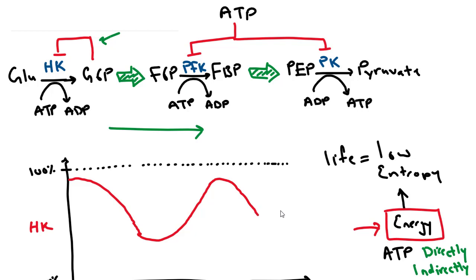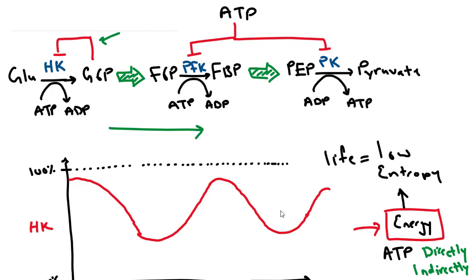As you can see, this is sort of a sinusoidal wave that goes back and forth between a certain range. It never really hits zero. It kind of might get close to 100%, but it probably never will. And it sort of stays in a range, which I do not actually know what this exact range is, but it's going to stay within a narrow range of going back and forth, thus stabilizing the amount of glucose 6-phosphate in the cell at any time.